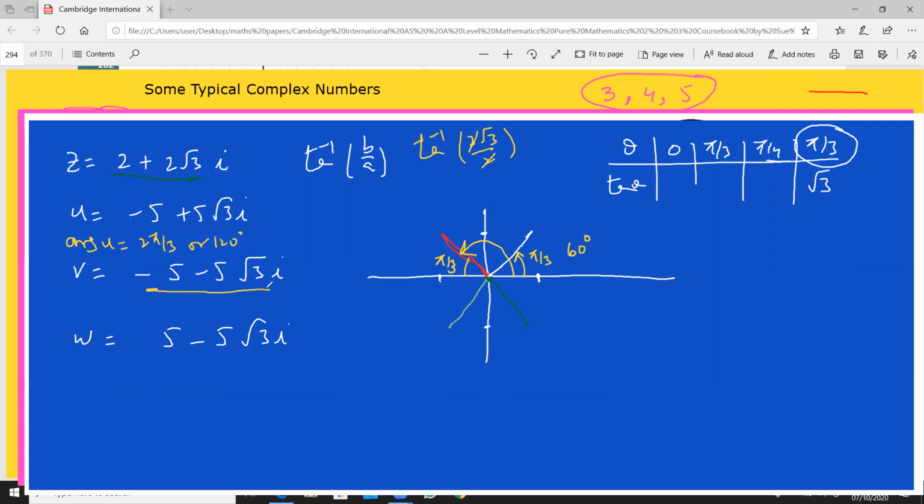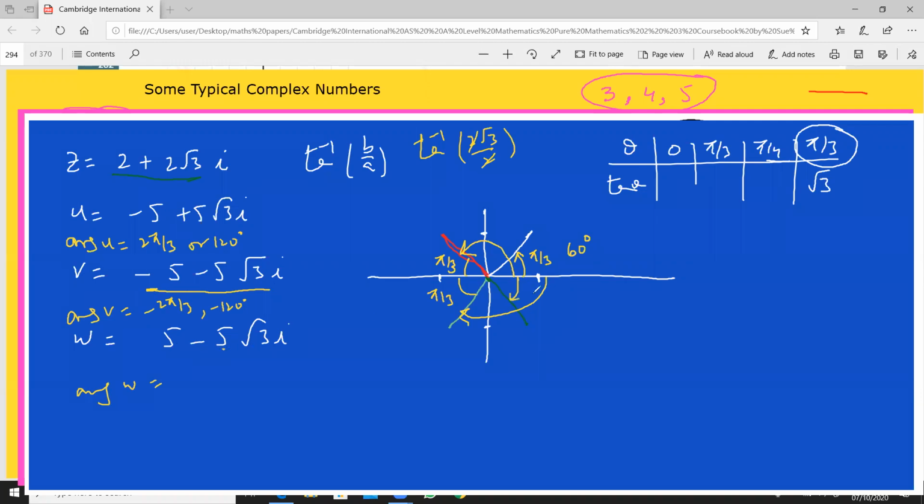Now, which quadrant is this? Minus 5 under root 3? Third quadrant, yes. So this is going to be pi by 3 here. So the argument of v is minus 2 pi by 3, or minus 120 degrees. Okay? And for the last one, this argument of w, you see that this falls into the fourth quadrant.